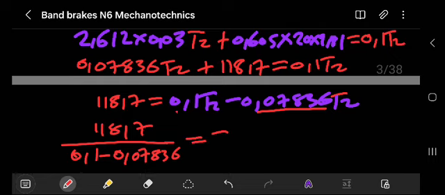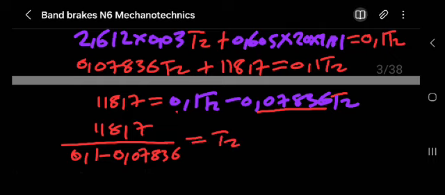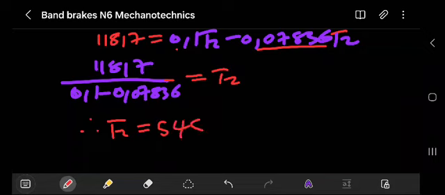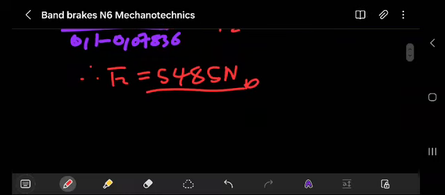This is equals to T2. Then if we punch this, what will be T2? Right, T2 will simply equal 5,485 newtons.